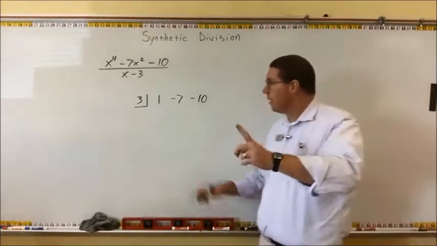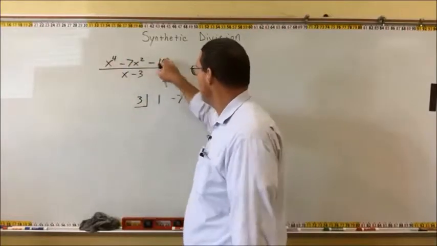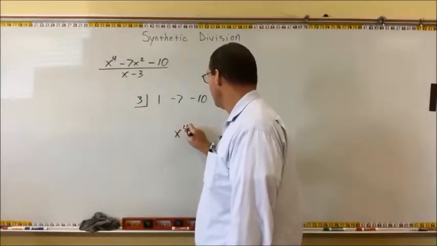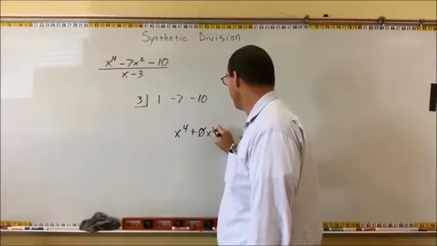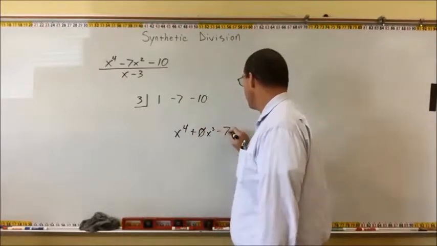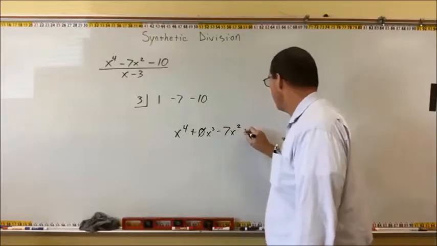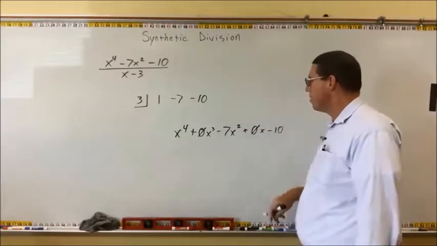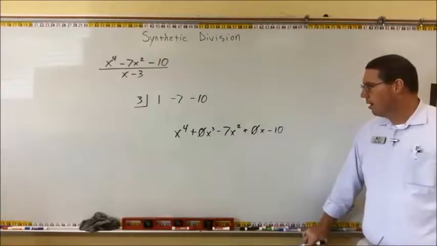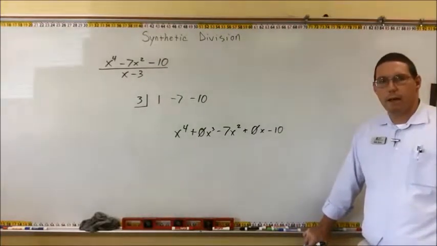Technically, this polynomial up here is actually x to the fourth plus 0x to the third minus 7x squared plus 0x minus 10. Synthetic division isn't very forgiving.